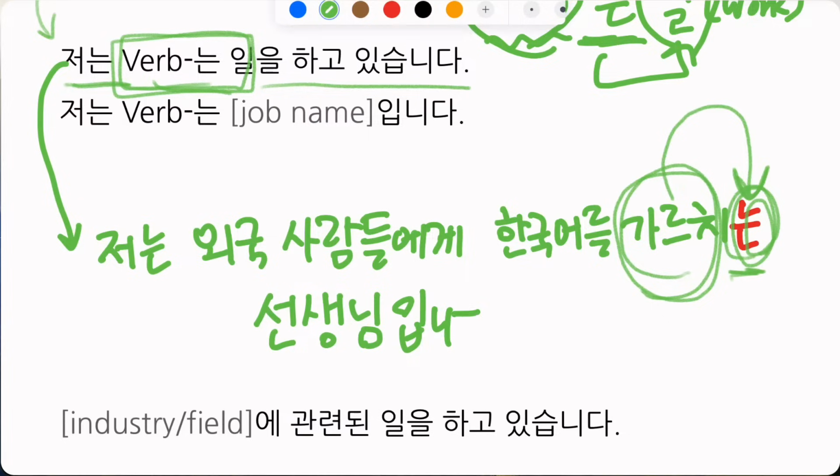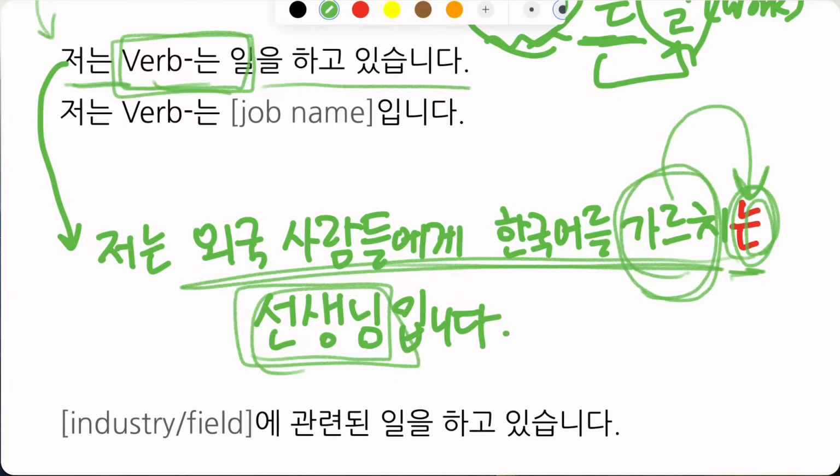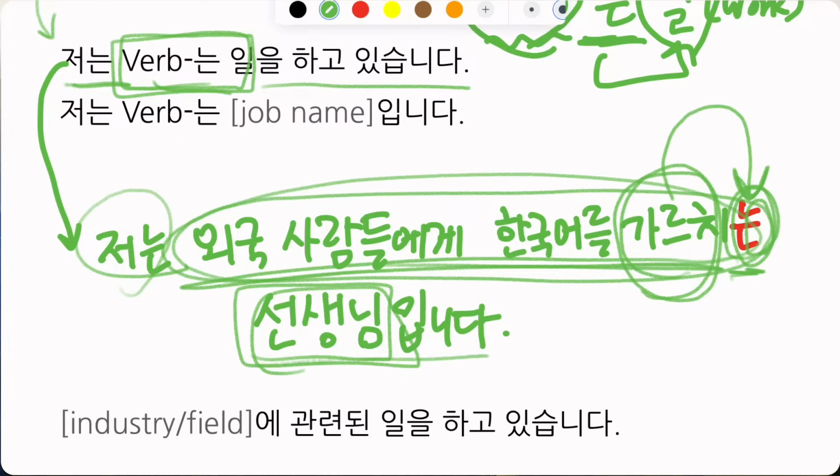So in this case, I provide both my job name and what exactly I do. The literal translation would be, I'm a teacher that teaches Korean to foreign people. You can do it like this.